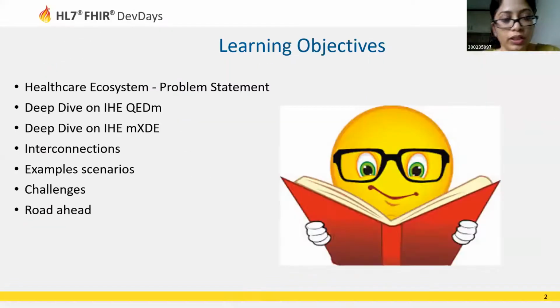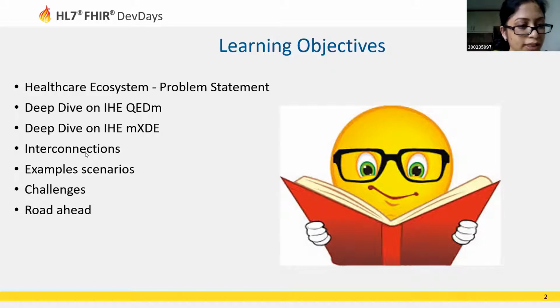Okay, so moving on, the agenda for today's tutorial. Firstly, we will touch upon a little bit on the healthcare ecosystem. What is the problem statement that we were trying to address? What was the need that actually resulted in us implementing a specific capability? How we build that capability of data transformation via the IHE QEDM and the IHE MXDE profiles. We will do a little bit of a deep dive on both of these IHE profiles.